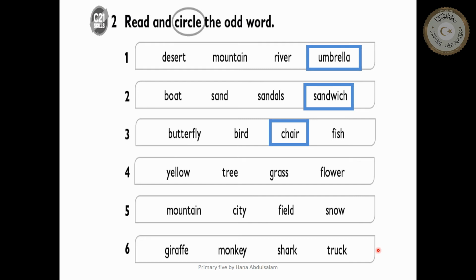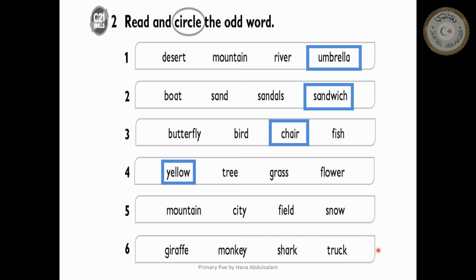Now we are going to number 4. What do we have in number 4? Yellow, tree, grass, flower. So what can we say about this one? Yellow. Why? Because yellow is a color, and the other things are growing things, growing plants. Can we go now to number 5?